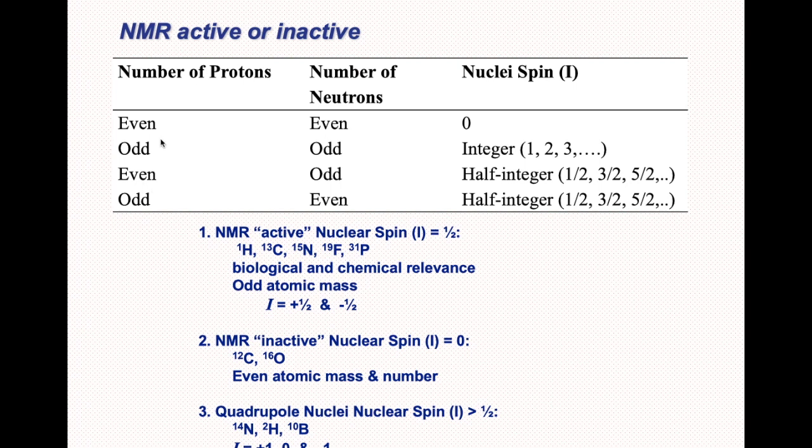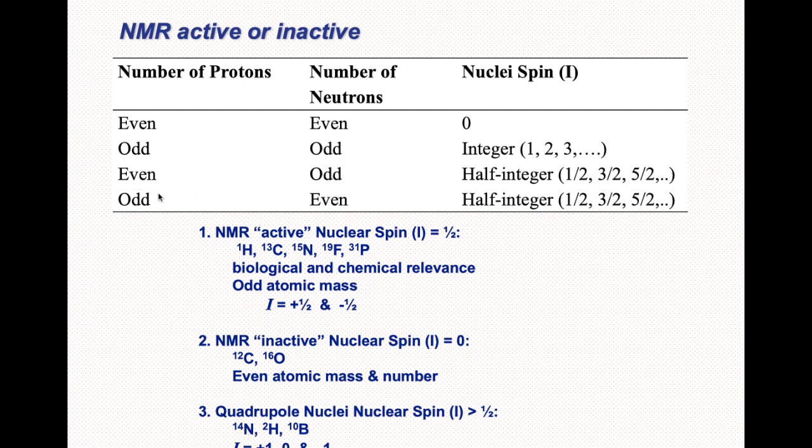On the other hand, if the number of protons and the number of neutrons of your nucleus are both odd, then that particular nucleus will have integer nuclear spin. The best example is nitrogen 14. As we know, nitrogen has 7 protons and 7 neutrons, and its spin is 1.